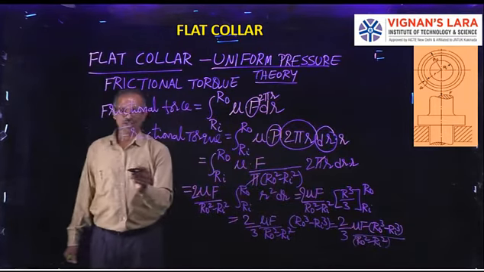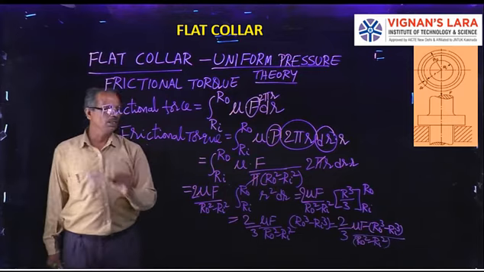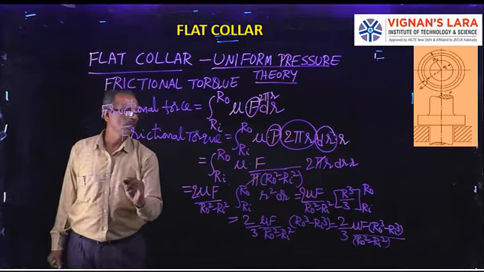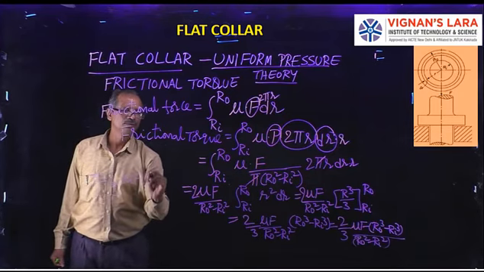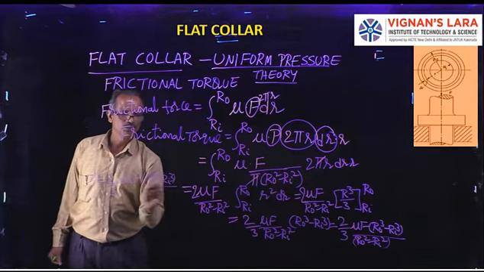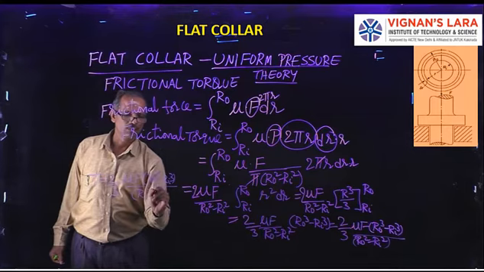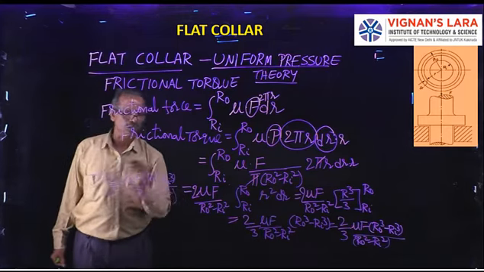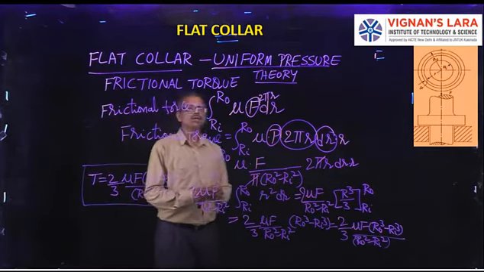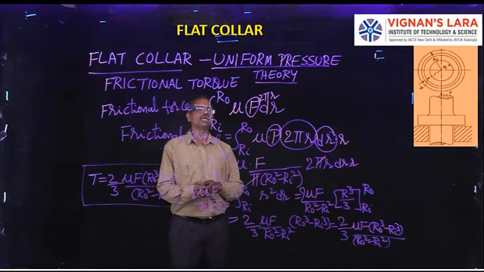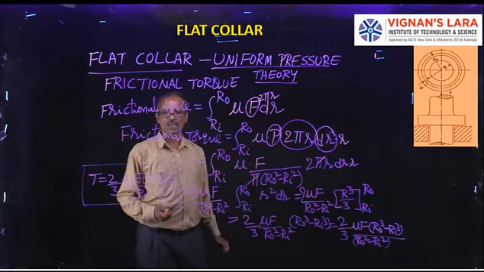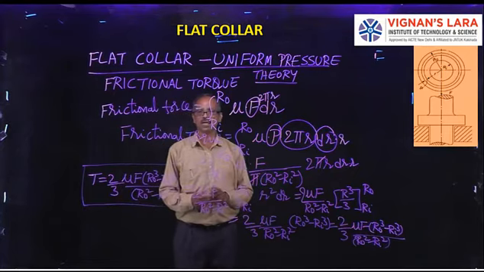So this is the equation of T in case of uniform pressure theory: 2/3 mu F (r naught cube minus ri cube) by (r naught square minus ri square). Okay, so this is the equation which you get.